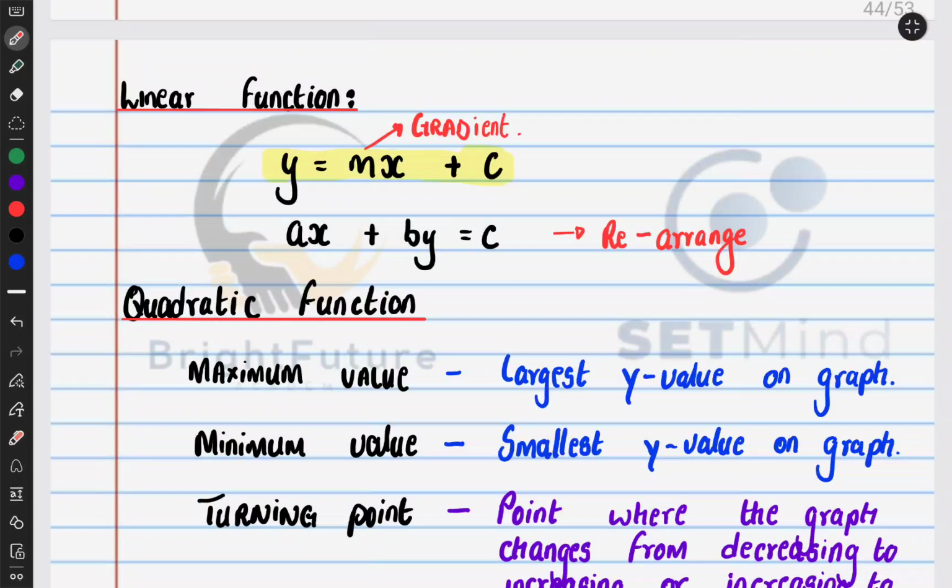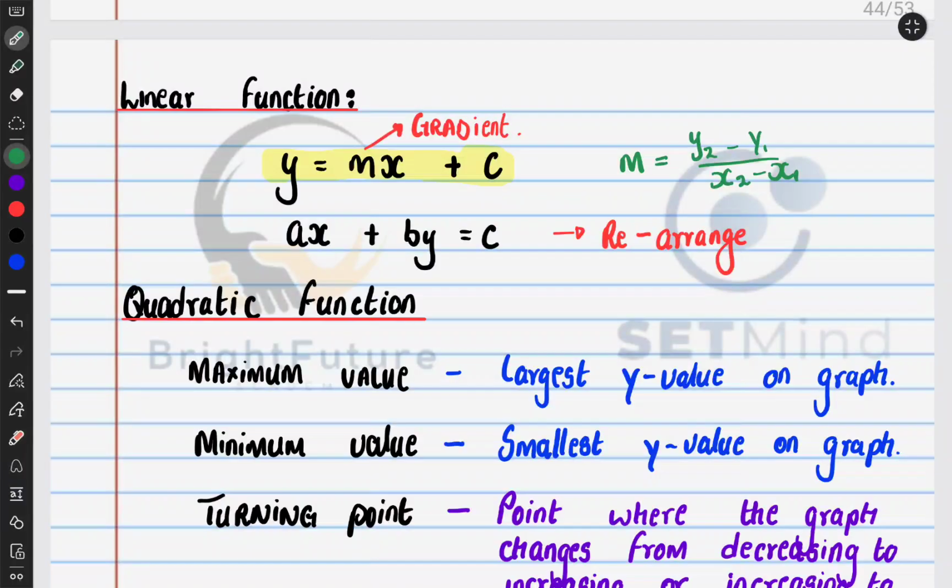The way we calculate the gradient of a linear function, m is equal to the difference of the height over the run, so it's y2 minus y1 over x2 minus x1. Hopefully I didn't make any mistake there.